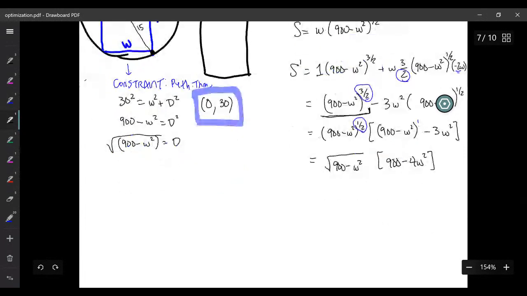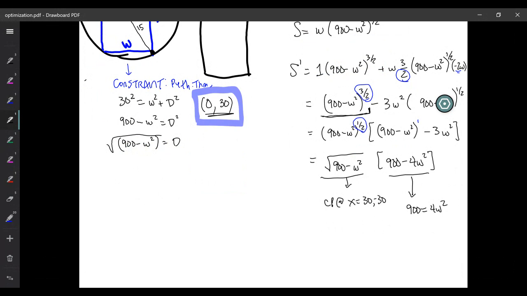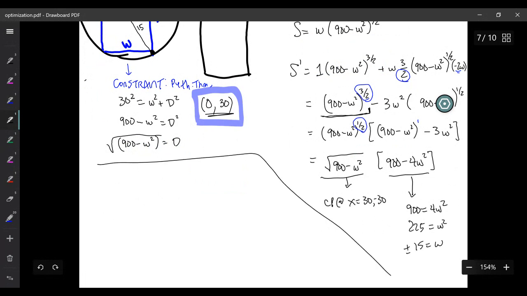This part's going to give me critical points at plus or minus root 30, which is not in my interval, since my domain does not include root 30. This is going to give me 900 over 4, which is 225, so 15 would be my critical point.